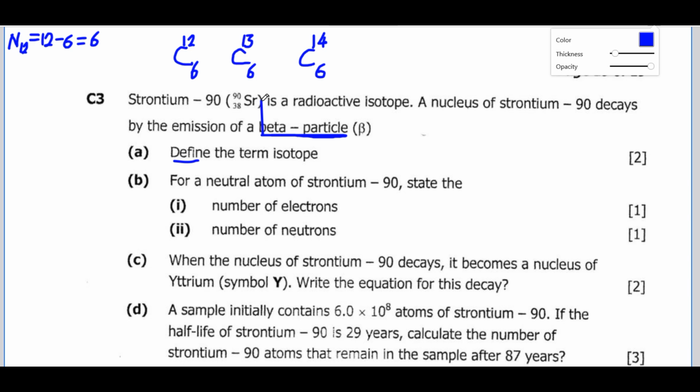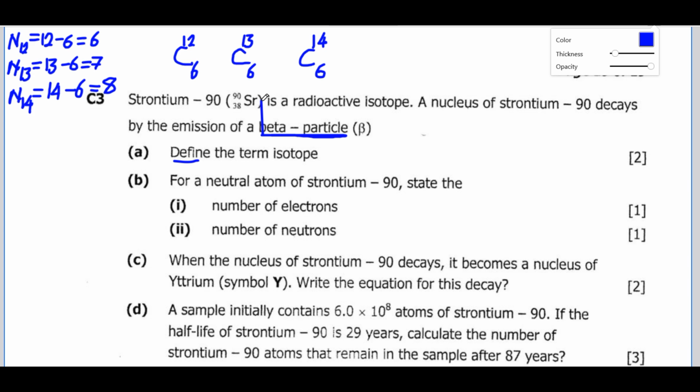Then we move on to carbon-13. The number of neutrons will be 13 minus 6, which is equal to 7. Therefore, we have 7 neutrons in carbon-13. Then we move on to carbon-14. We say 14 minus 6, and we have 8 neutrons in carbon-14.